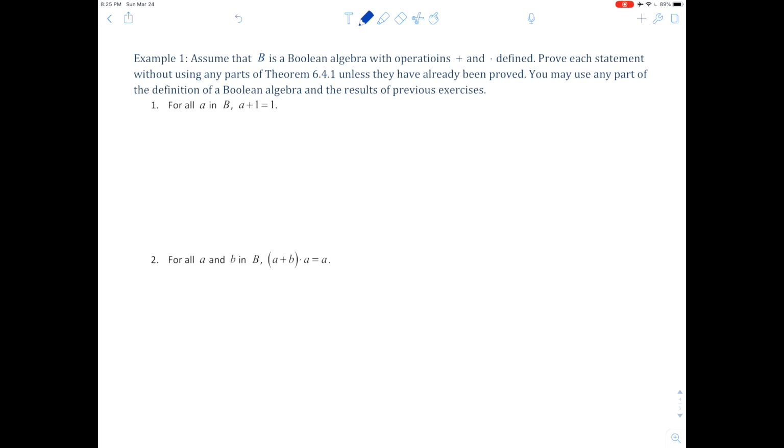So here we go. For our proof, we're going to let A be any element of this Boolean algebra, B. So for our left-hand side, we have A or 1.